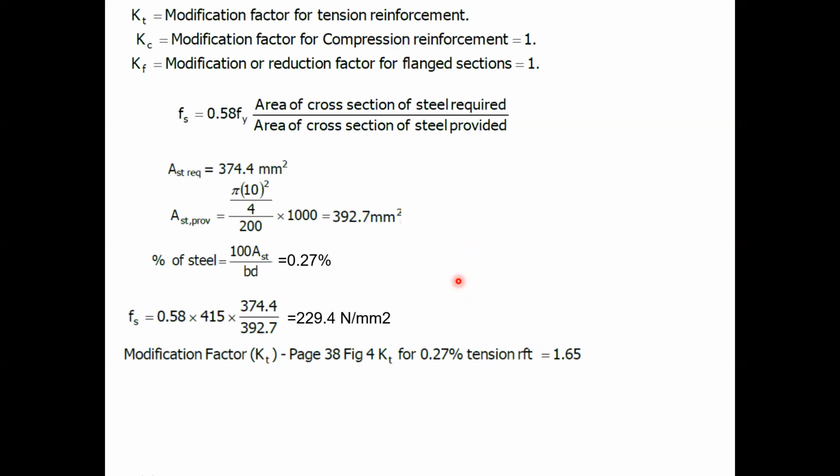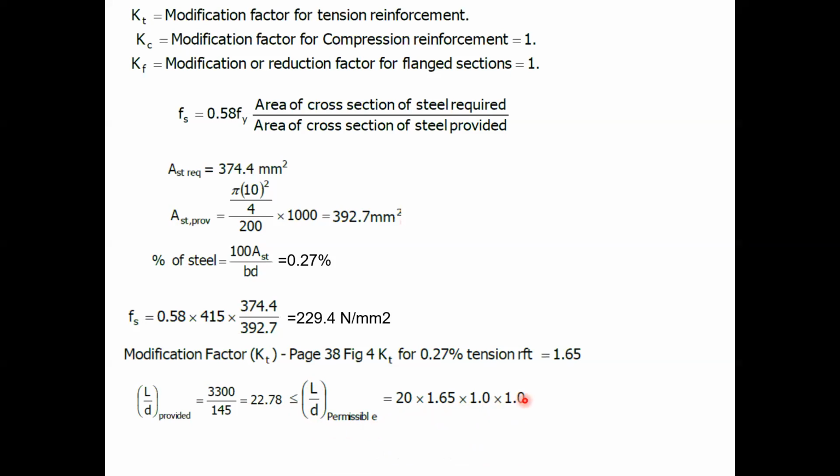Now you have to calculate L by D provided. L by D provided is equal to 3300 divided by 145. You'll get 22.48. You can just check it out. Yes, sir. Okay. The condition is less than or equal to L by D permissible, which is equal to 20 into 1.65 into 1 into 1.